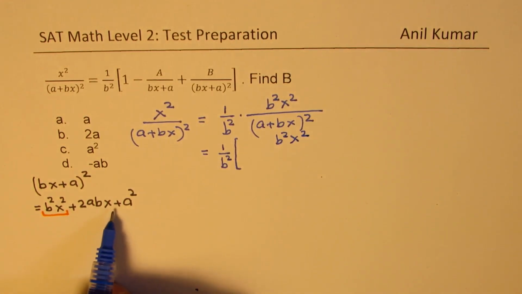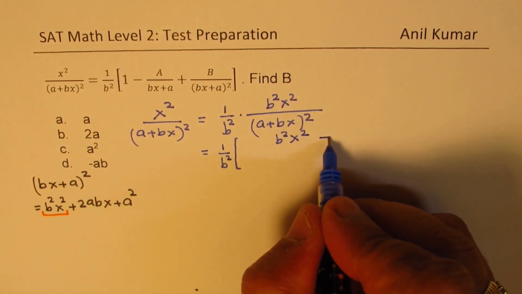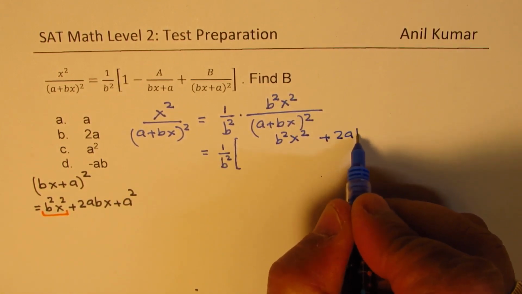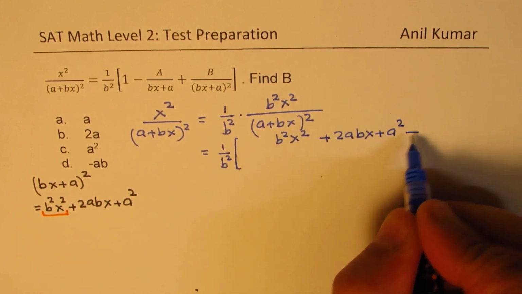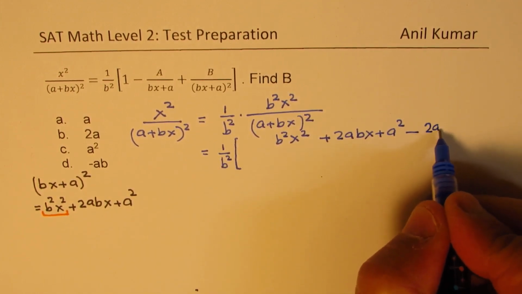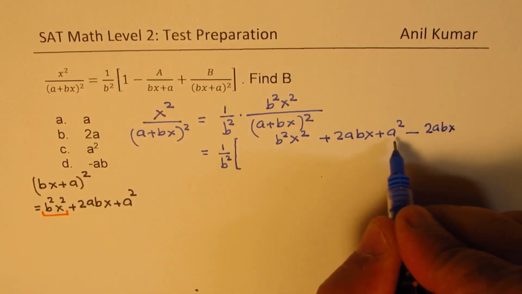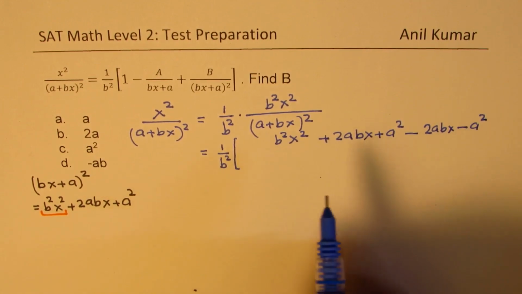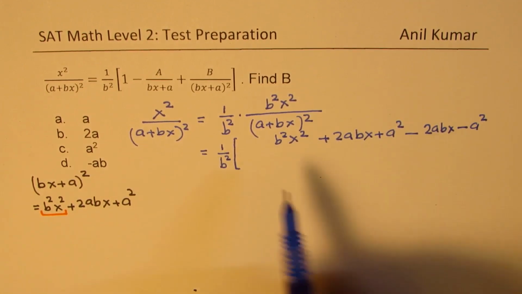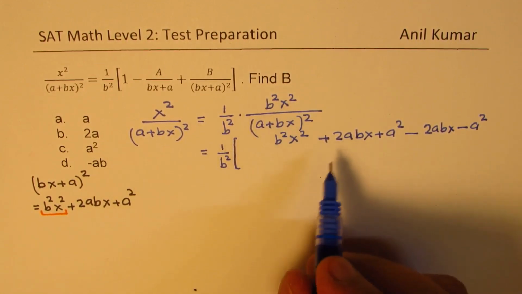We want 2abx plus a squared. So we will add 2abx plus a squared, and we'll have to subtract the same term, minus 2abx minus a squared. Is that clear? So we added and subtracted this term, making this a perfect square.